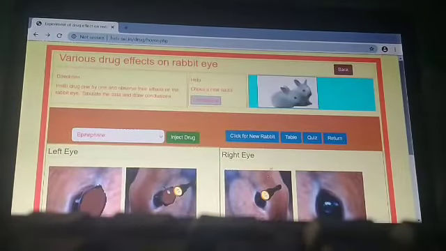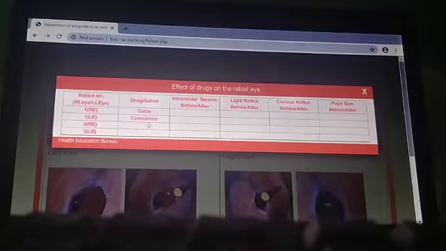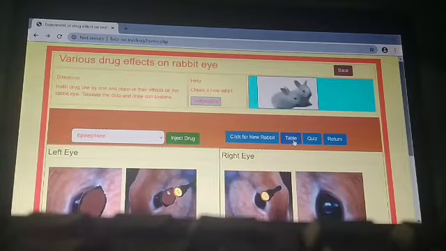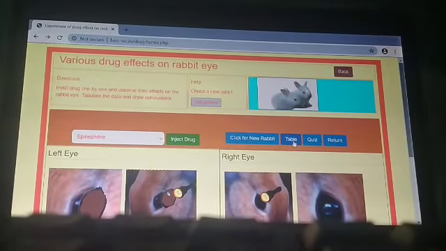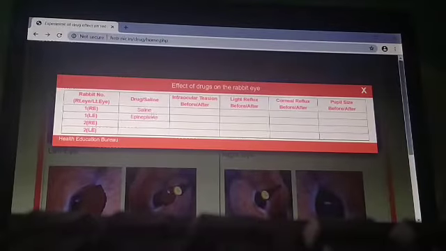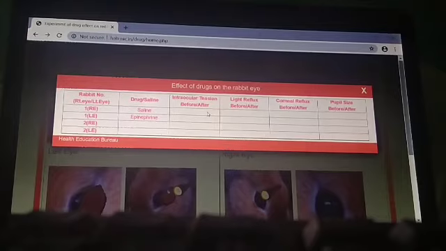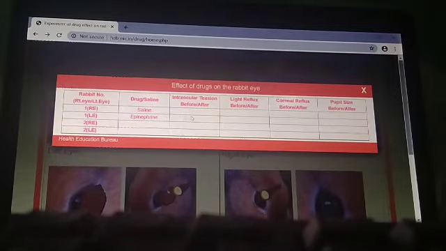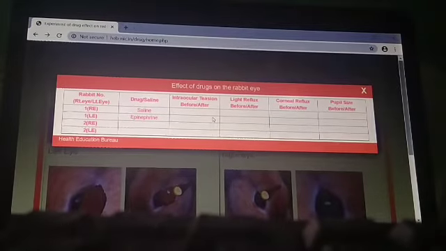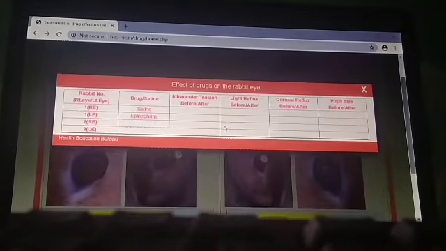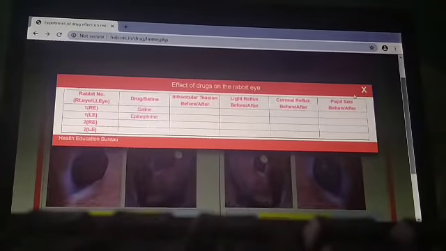So these are the few observations we have to make in this table, and then finally we have to say that a drug like saline is having no effect after or before administration. By comparing that with epinephrine, there is a dilation in the pupil size. So these are the things we have to comparatively differentiate.